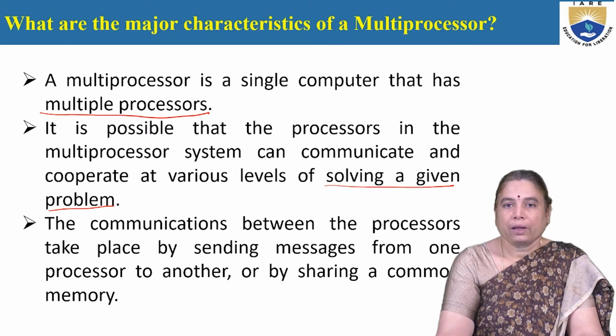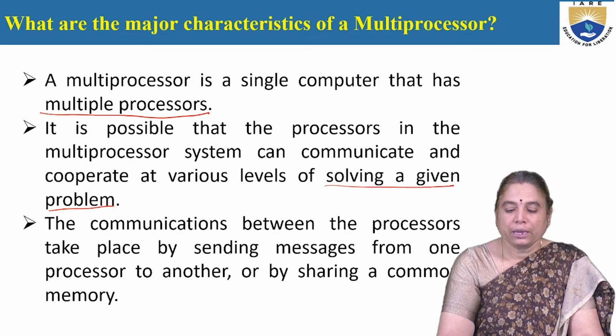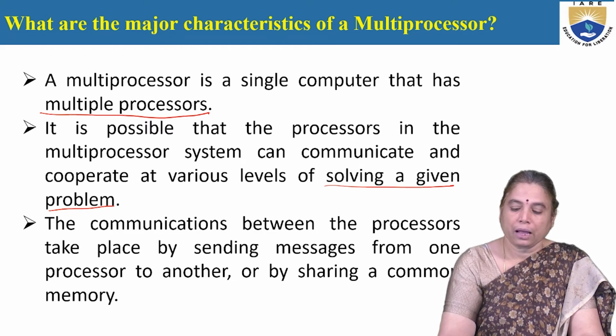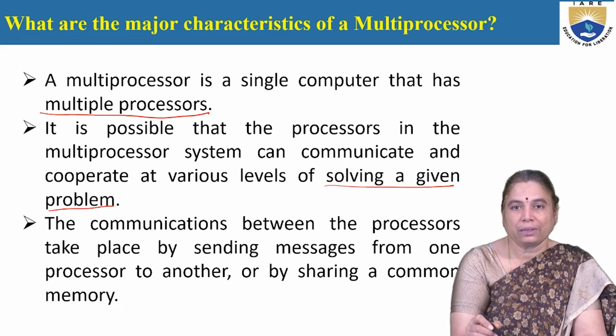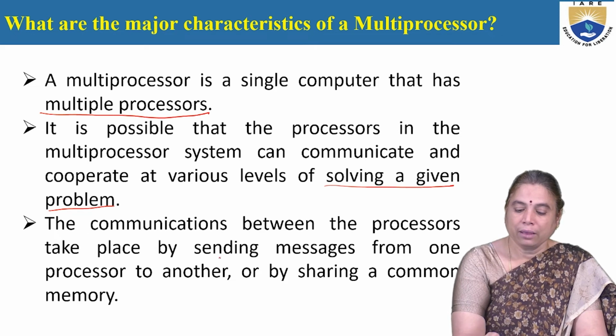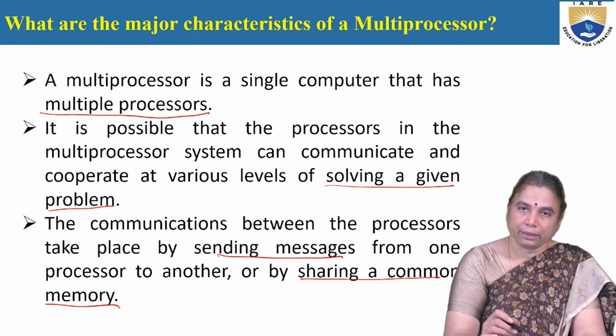So more than one task can be executed concurrently at the same time with the help of a multiprocessor system. The communication between the processors takes place by sending messages from one processor to another processor or by sharing a common memory. So two techniques can be used for communication between the processors. One is message sending, the second one is shared memory.